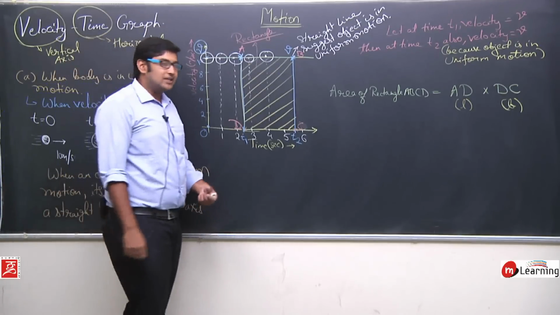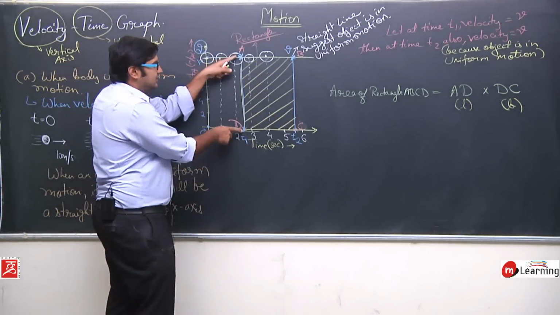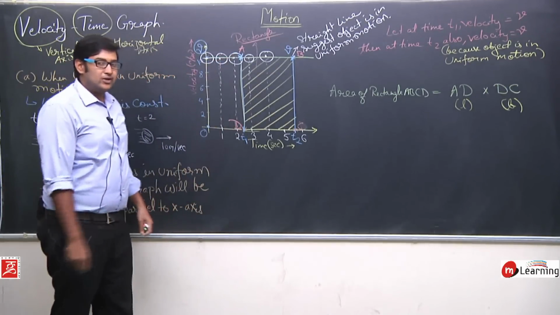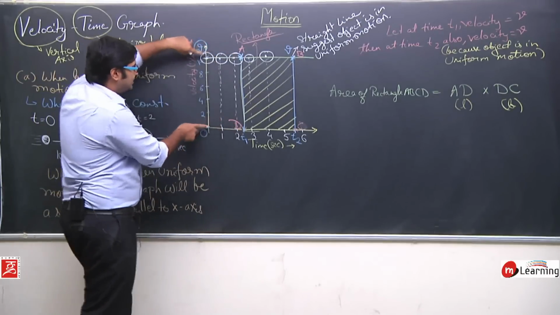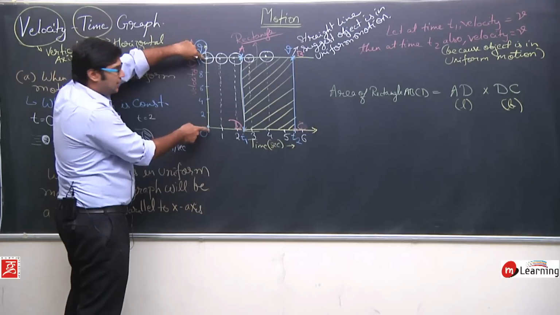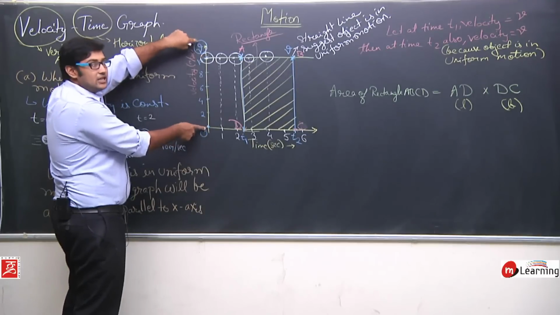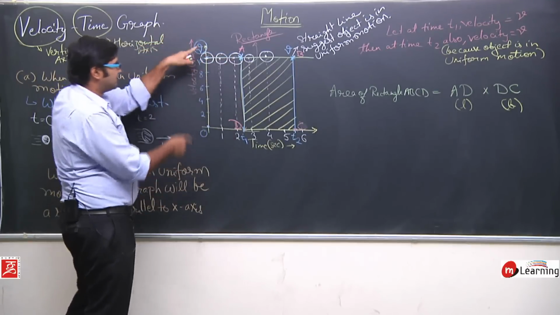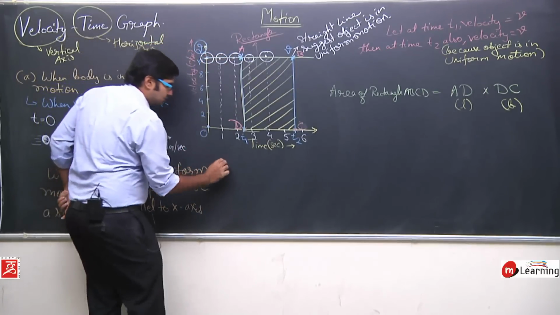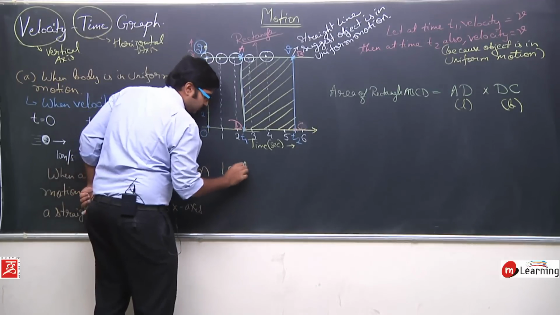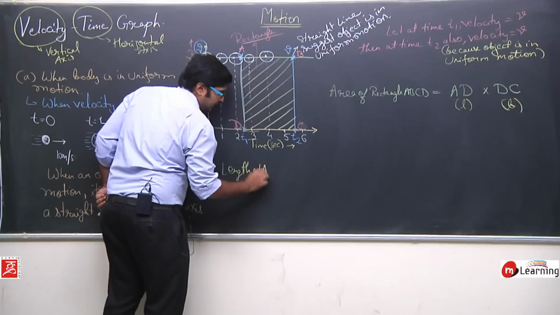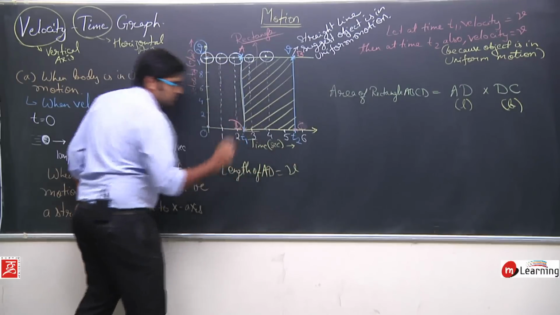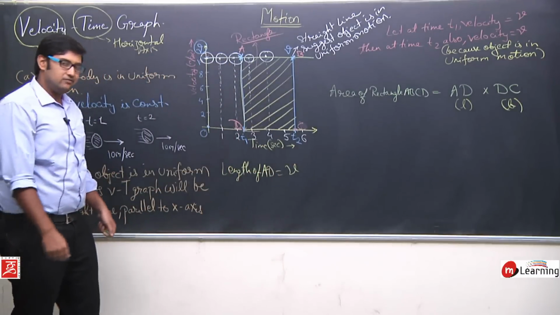Now if I ask you what is the length of this AD, you can see the length of this AD is basically this much, and how much is this? It is V. So the length of AD is equal to V units.